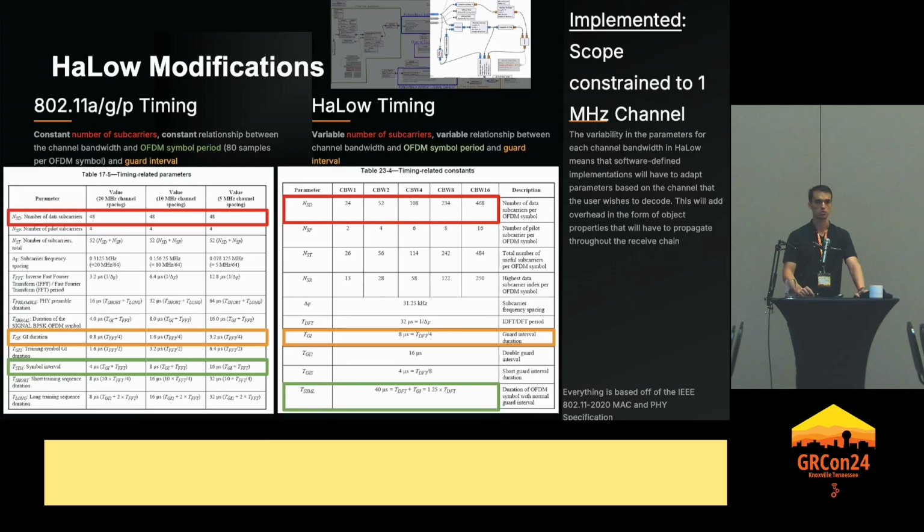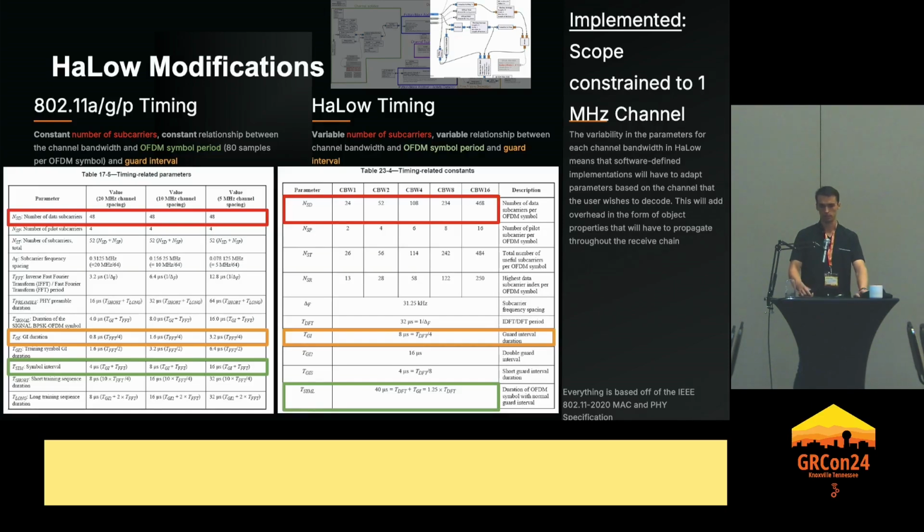But the switch over to HaLow was a variable relationship in all those factors above. So you start to see the number of subcarriers increase for each of the respective channel bandwidths. You also see that the symbol time is constant across all channel bandwidths, which means as you increase the bandwidth, you get fewer and fewer samples per symbol.